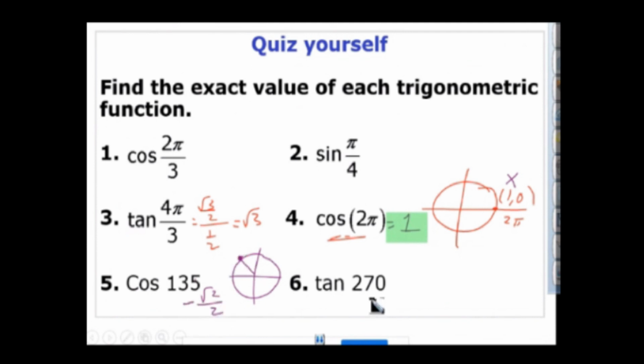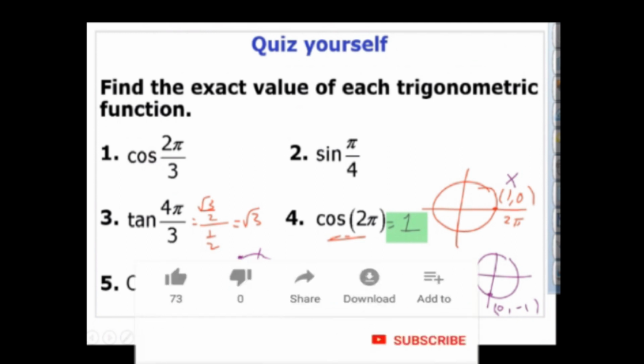Tangent 270. Well, tangent 270, you are down here. 0, -1. This is y over x, if you guys remember. -1 divided by 0 is going to be -1 over 0. Very sad. No value for this. Undefined. Interesting.